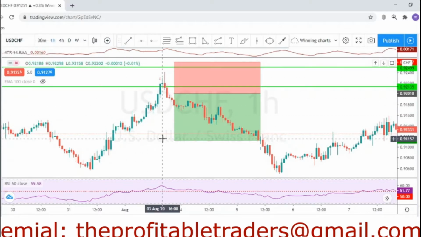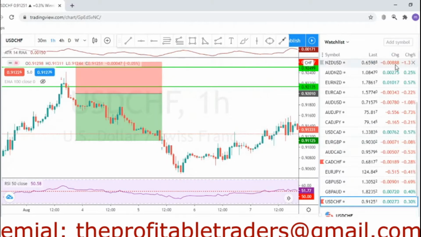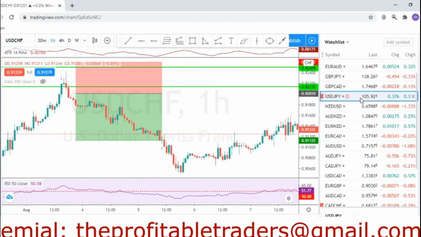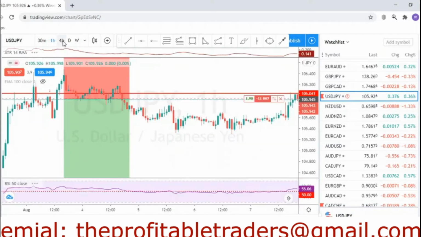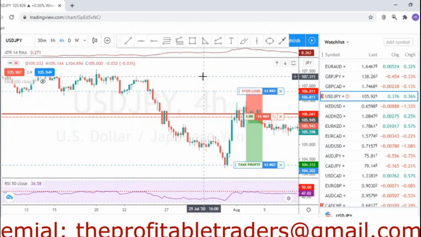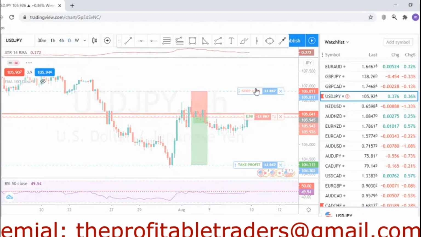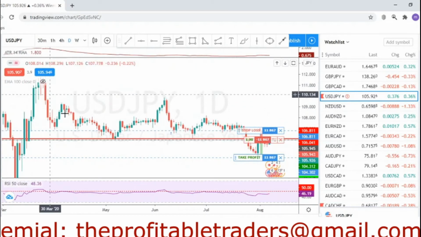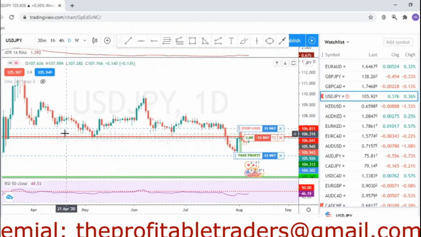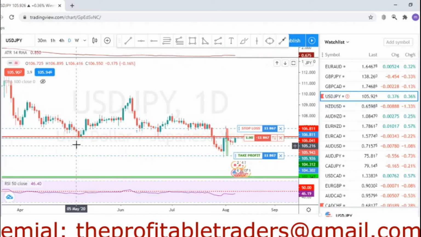The next trade that I took was dollar yen. Dollar yen is based on the same strategy. What do we see here on a higher time frame? This market has been testing this support level with a rejection.